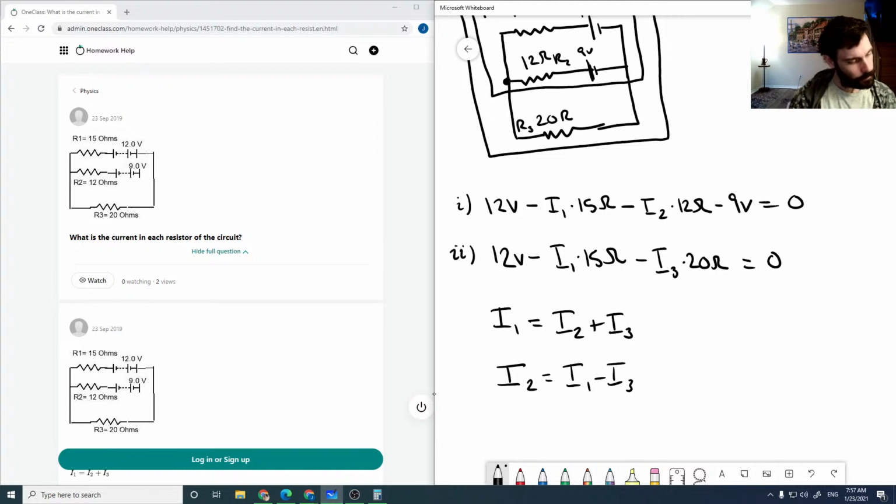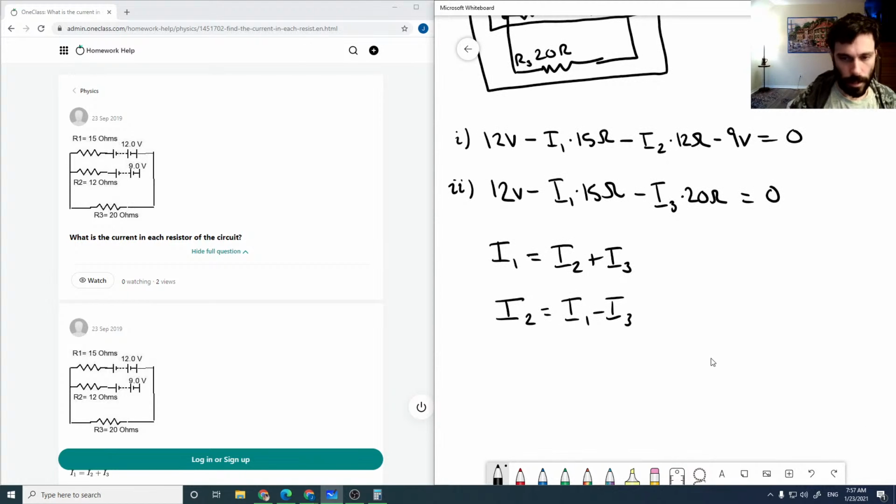So I'm going to put this into my second equation. So my second equation becomes 12 volts minus I1 times 15 ohms. No, I'm not going to put it in my second equation because that doesn't make any sense.